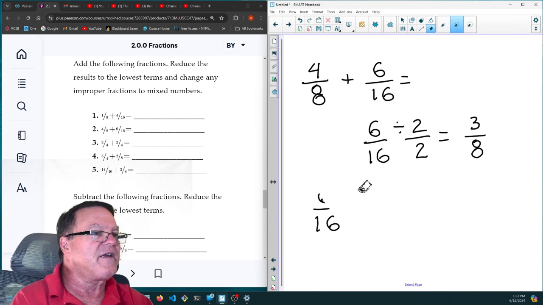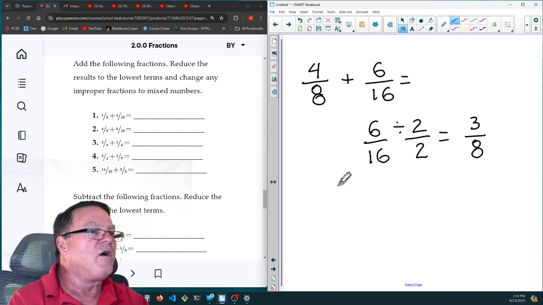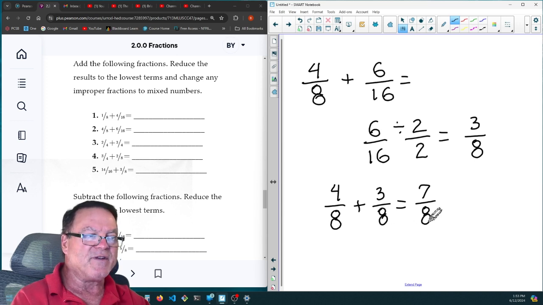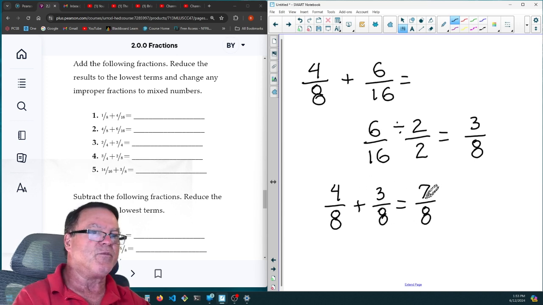And in a case like that, we'd end up with 4/8 plus 3/8. That equals 7/8. Again, you don't add the denominators, you only add the numerators.